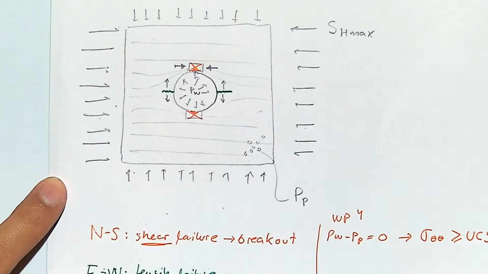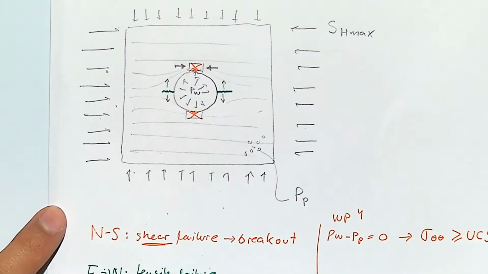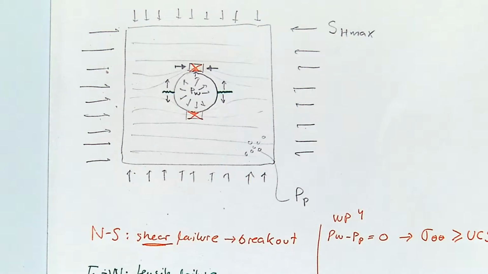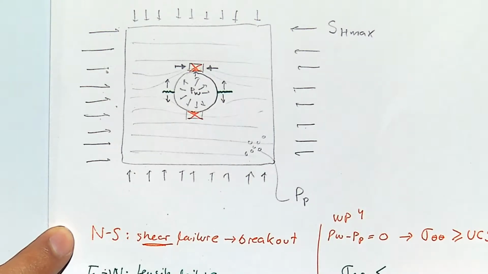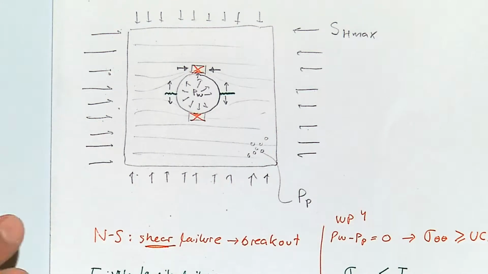So how do we check for tensile failure? Basically, this one doesn't depend on the wellbore support. You just need to check if sigma theta theta is equal or less than the tensile strength. If this is true, then you have tensile failure.